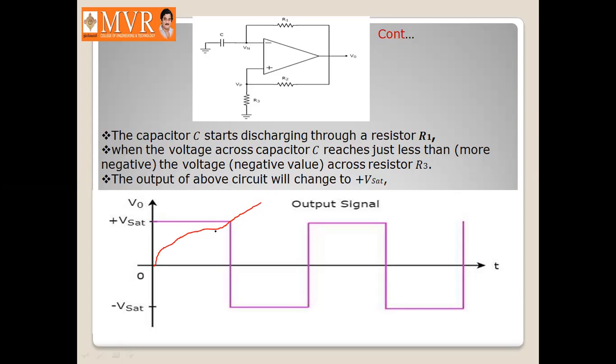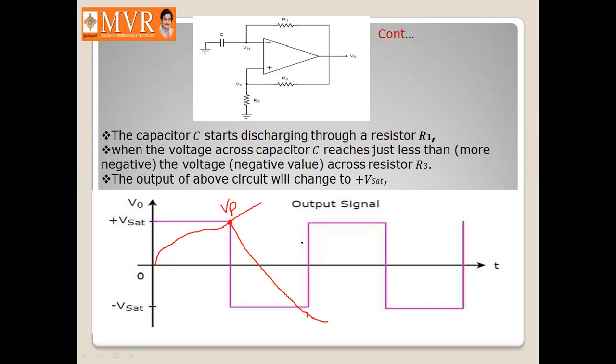Whenever the capacitor charge crosses this Vp, the output is going to change its state from plus Vsat to minus Vsat, and again the capacitor is going to discharge in this way. Whenever the capacitor voltage is less than this Vp, again the output is going to change its state.